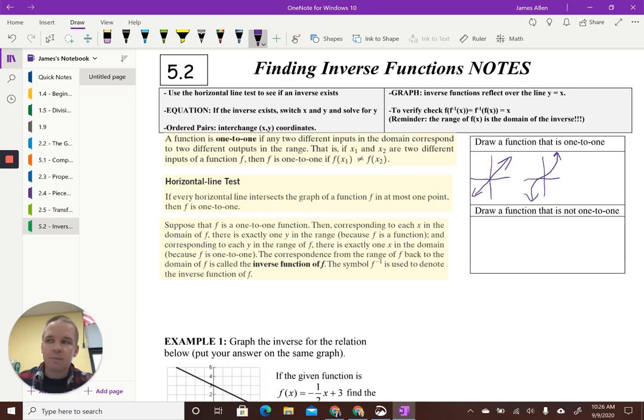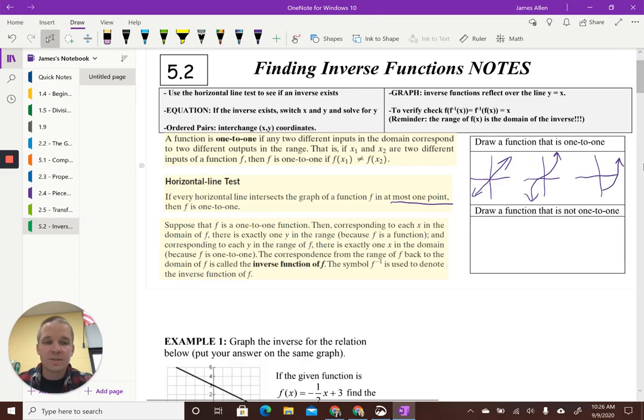How about maybe a quadratic that's been restricted in its domain, so we only really see half of it. All of those would pass the horizontal line test, right? Any horizontal line only goes through it at at most 1 point, only at 1 point there, okay? It could not hit the graph, like down here, it's not even going through it at all, down at the bottom below this graph, but again, at most only one time.